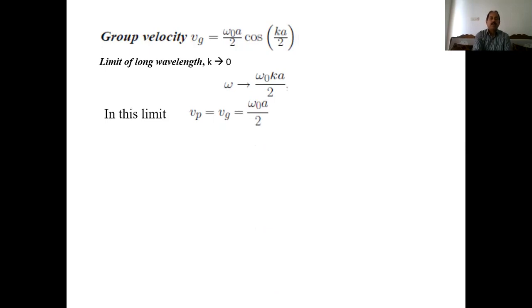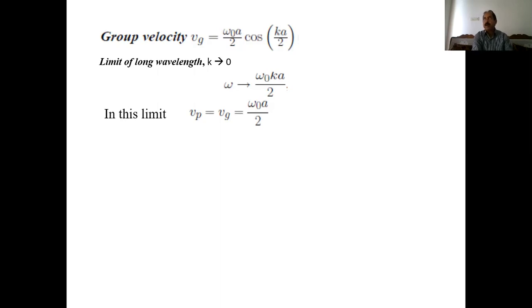So we get the phase velocity and group velocity the same, having a value ω0 a/2. Now ω0 is the maximum frequency and a is the interatomic distance. So here we get one idea that the velocity with which the phonon wave will propagate is half of ω0 a.